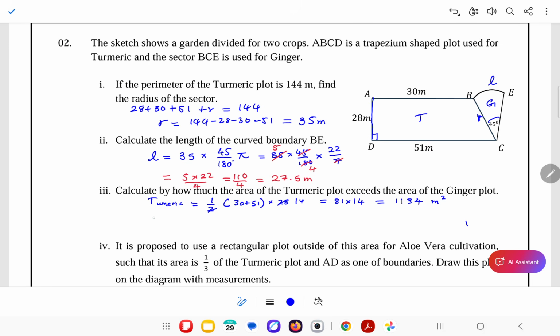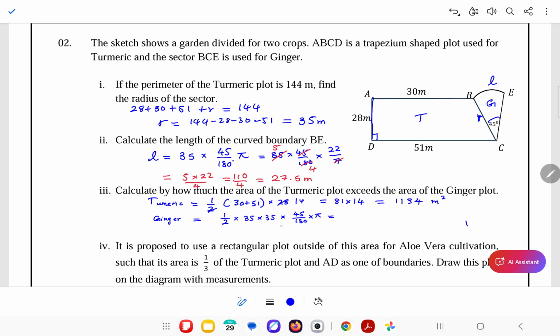Then let's figure out the ginger area, which is what? Half r squared theta, half into r squared, which is 35 into 35. The angle is 45 over 180 into pi.